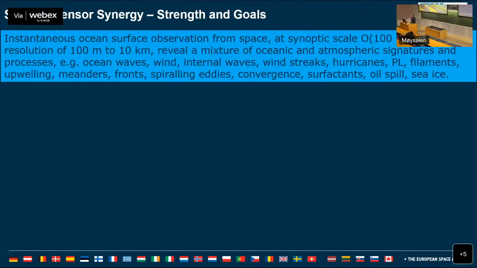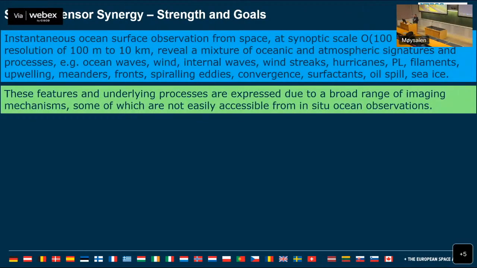And it roams around everything from waves to wind, internal waves, wind streaks, hurricanes, polar lows, filaments, upwelling, meandering fronts, spiraling eddies, convergence, surfactants, oil spill, and sea ice. And these features and these underlying processes are expressed through a broad range of imaging mechanisms. And we happen to be able to document that from playing this sensor synergy approach.